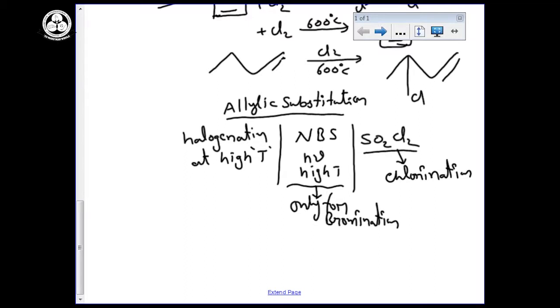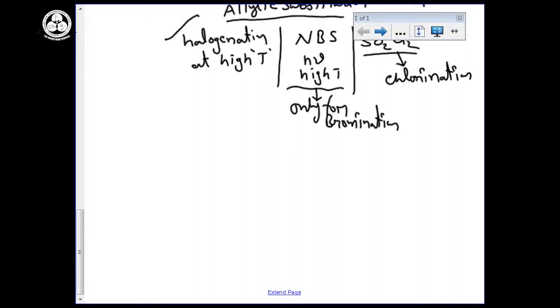NBS, N-bromosuccinimide, is for bromination, and the second one, SO2Cl2, only for chlorination. Already we completed the halogenation. We will see the NBS reactions. It's a very important reaction.